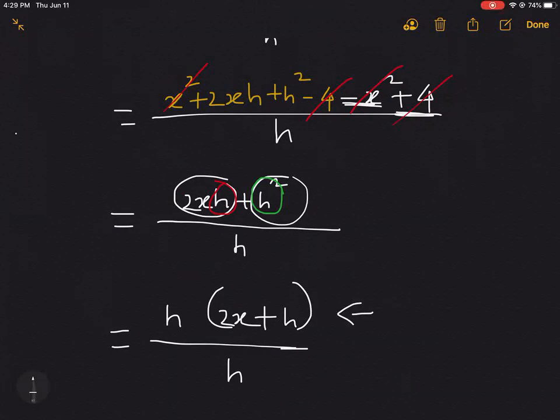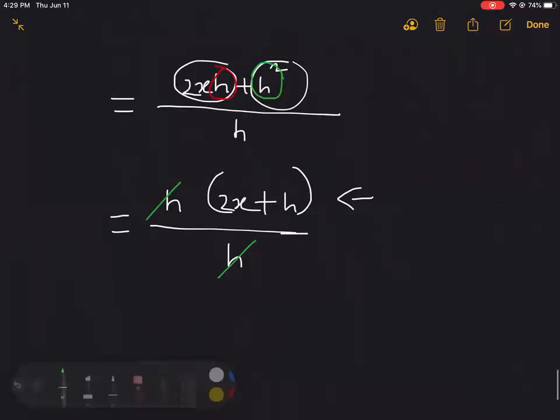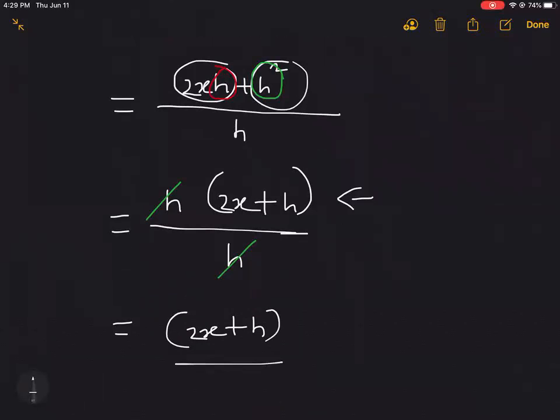I've simply factorized the numerator by factoring out 1h from each term, right? And now I can clearly cancel this out. So finally, I'll have 2x plus h. And that's your answer. Okay. Any question from this?